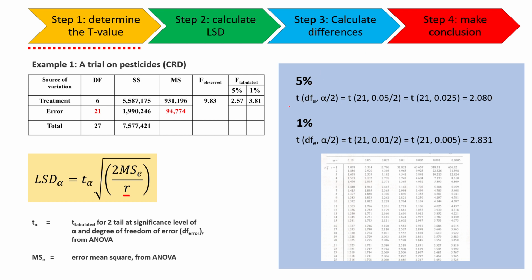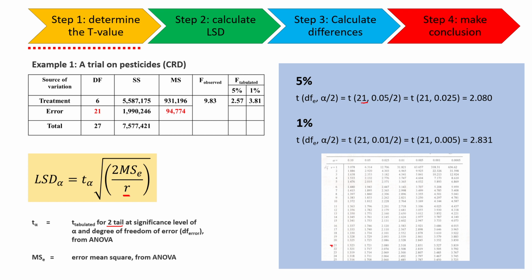The degree of freedom for error is 21. And at 5%, remember we are working for 2 tails. So therefore it will be 0.05 divided by 2. So you get 0.025.